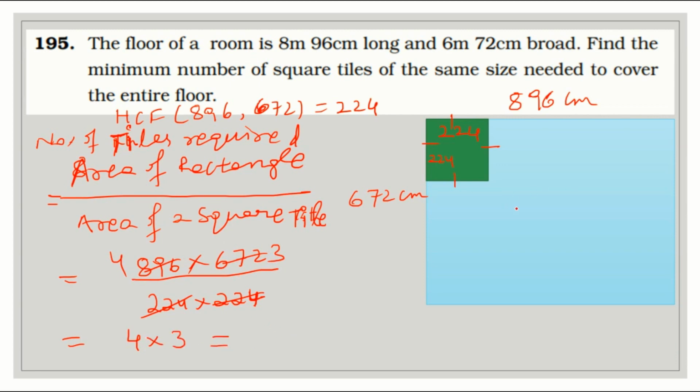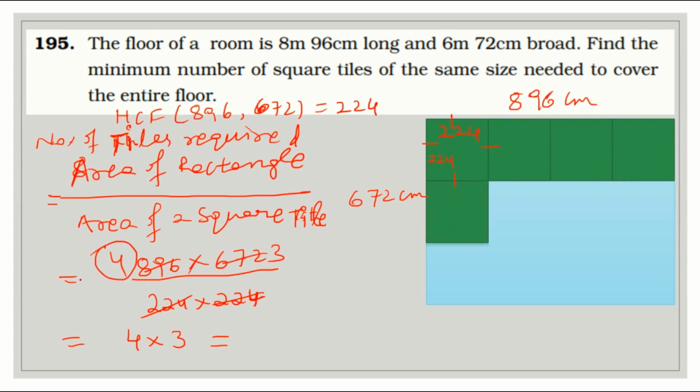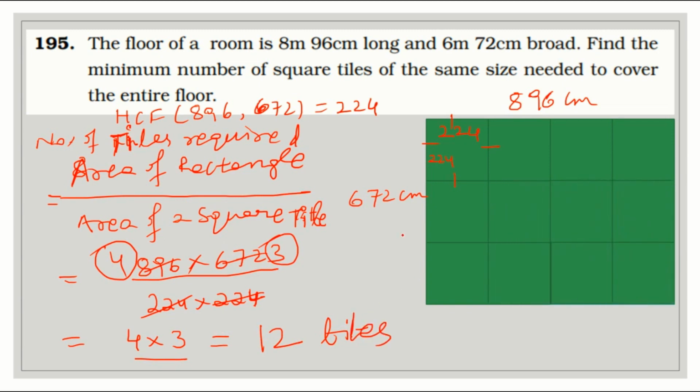Why I said we have 4 tiles required along the length, that's how this 4 comes. 3 tiles required along the breadth, that's how this 3 comes. So 4 3s are 12 tiles we have as a requirement. This is how we calculate. So here finding HCF plays an important role.